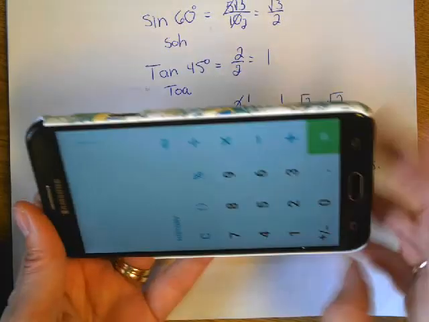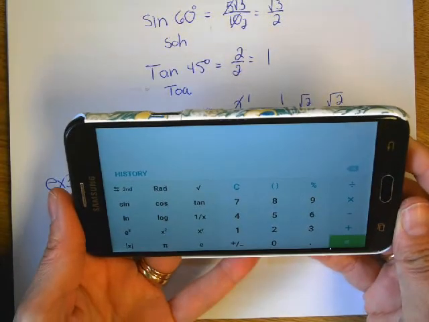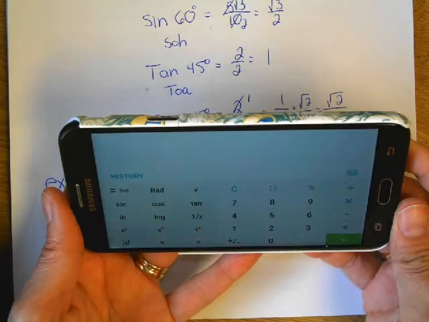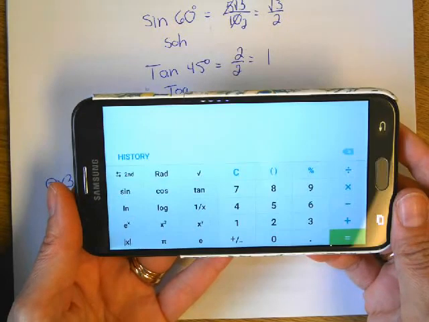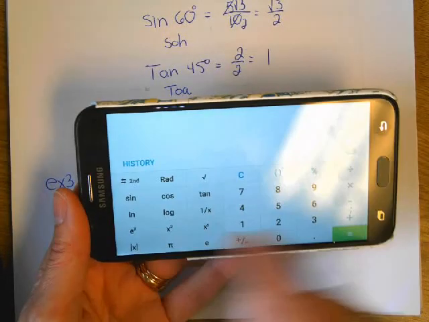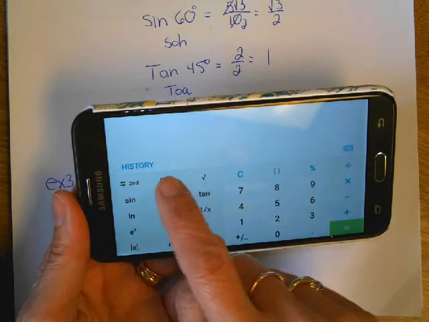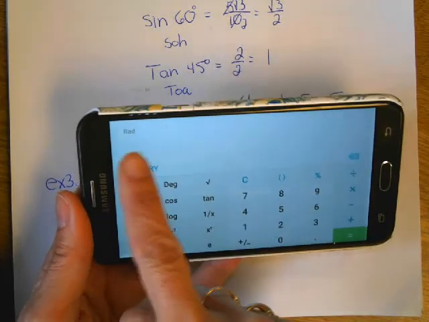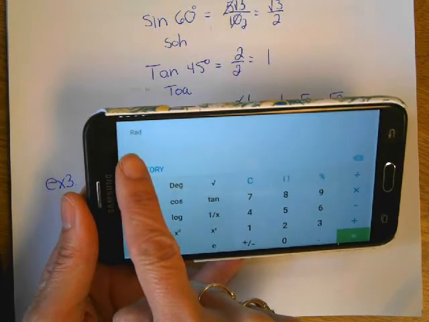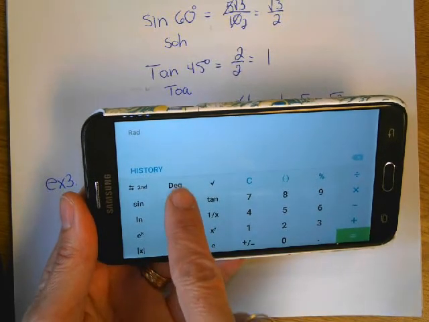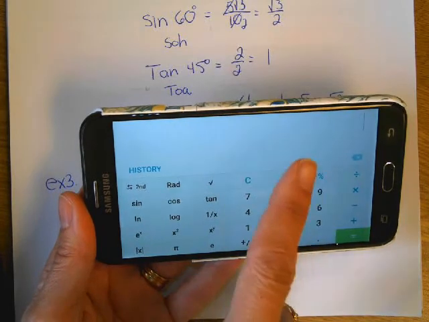And if you turn it sideways, you will get a nice scientific calculator. It's going to be in a different place on all the phones. It's just going to be searching until you find it. That put me in radian mode. When I hit rad, and I see the degree here, now I'm in degree mode.